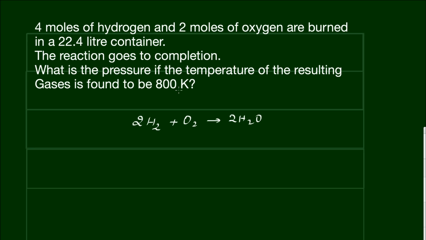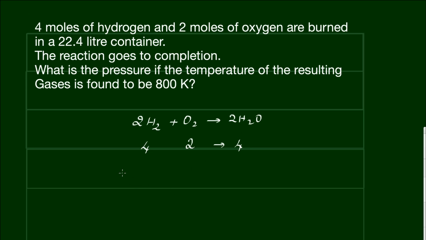Why water vapor? Because at 800 Kelvin, water is in the form of a gas. Now we have 4 moles of hydrogen and 2 moles of oxygen, so that should give us 4 moles of H2O. Correct? So we end up with 4 moles of water gas, that is steam.